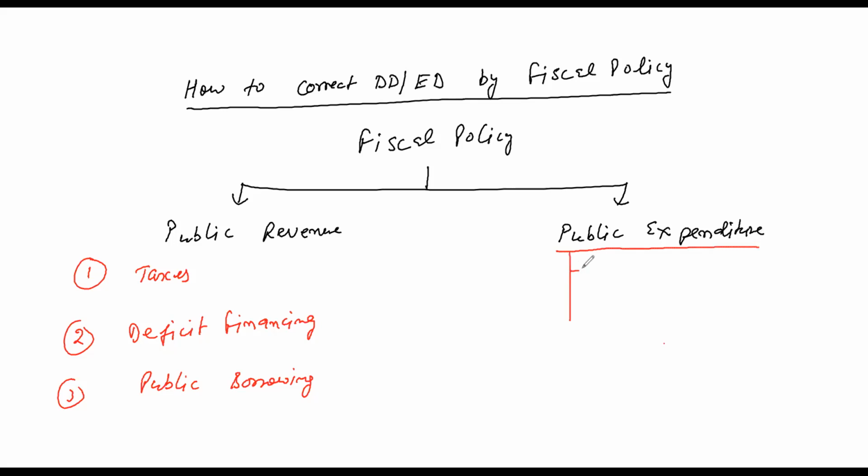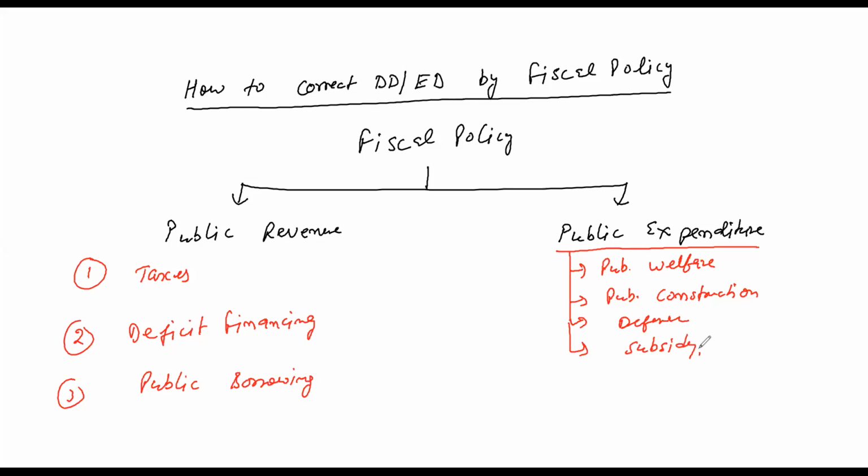Government spends on many things such as public welfare, public construction, defense, and subsidy. So these are some categories on which government spends its revenue.